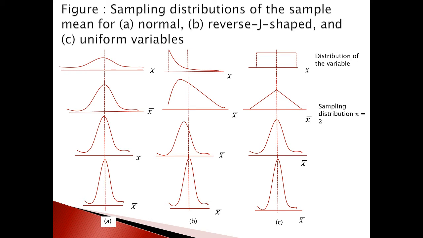But in figures B and C, whenever the sample size n equals 2, the distribution is far from normal. Whenever the sample size n equals 10, it is already approximately normally distributed, and whenever the sample size n equals 30, our distribution is very close to a normal distribution.